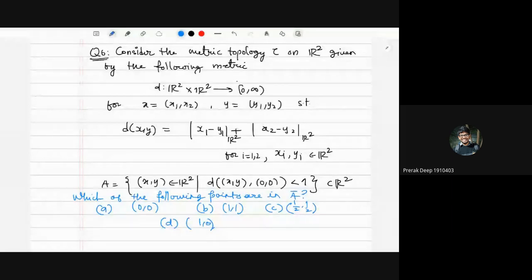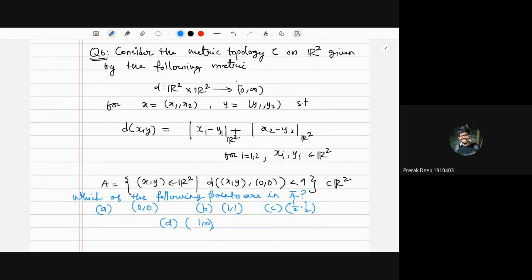Okay, now let's discuss the solution of this problem as well. Here is one thing to notice, as I said earlier, that the xi's and yi's are points in R2, and in the metric that is given, if you take the difference x1 minus y1, you will get a point in R2 again.